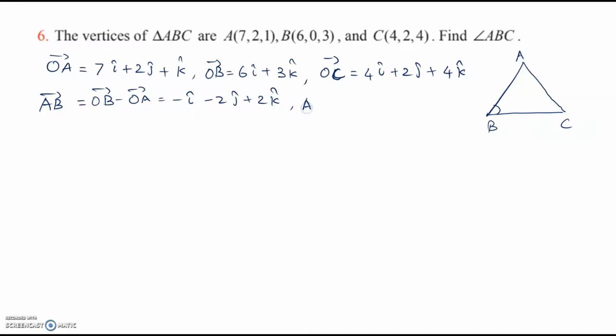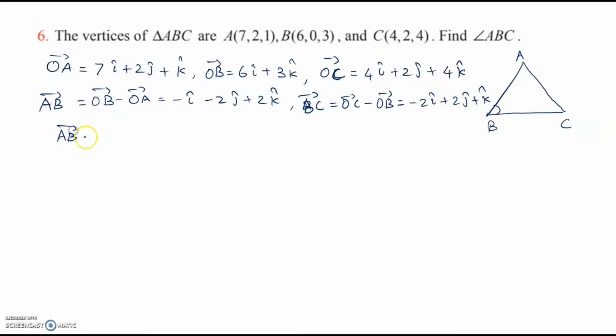Similarly, our vector BC can be defined as OC minus OB vector, and that will be equal to minus 2 i cap plus 2 j cap plus k cap. So, if we find the angle between these two vectors, then we get the angle ABC.